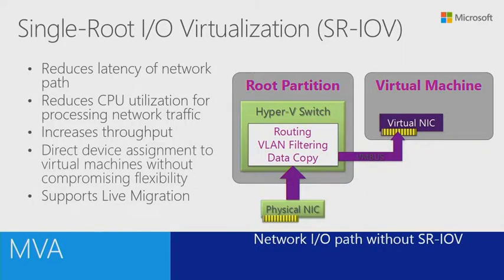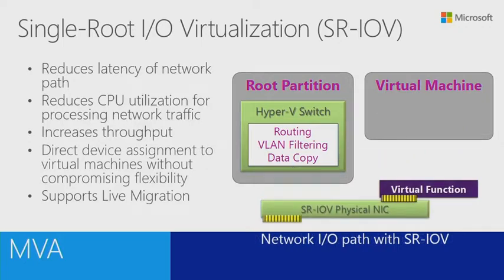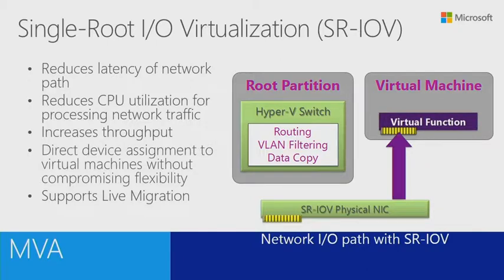If you see here in this diagram, the way virtual machines normally work is I/O goes to the virtual NIC, which communicates to the switch, which then communicates down to the physical NIC. With SRIOV, it changes. We create a virtual function, and that virtual function communicates directly with the physical NIC.